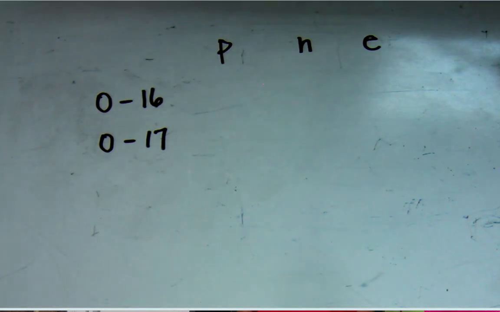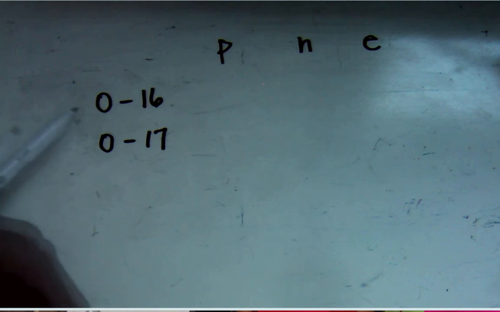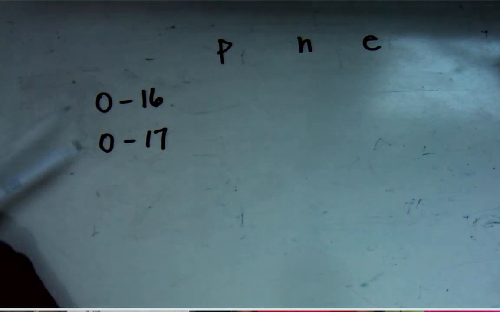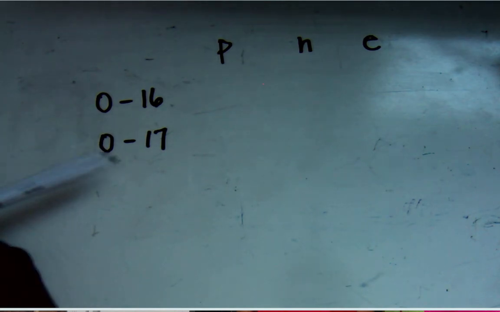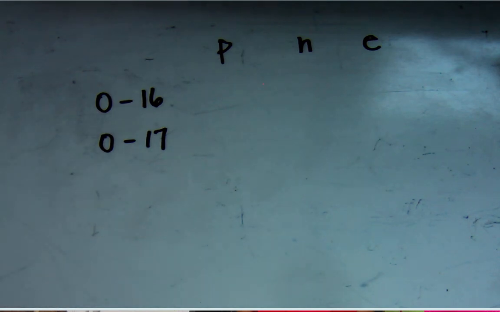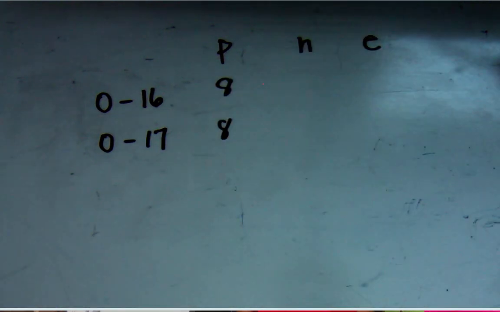Okay, so here is another example of how to calculate the isotopes of an atom. The example is oxygen 16 and oxygen 17. Oxygen 16 has a mass number of 16. Oxygen 17 has a mass number of 17. Looking at the periodic table, oxygen has an atomic number of 8. Since oxygen has an atomic number of 8, we know that there are 8 protons for both isotopes.